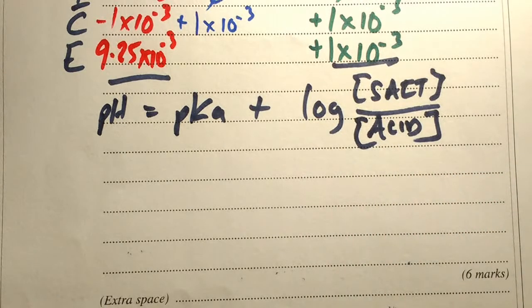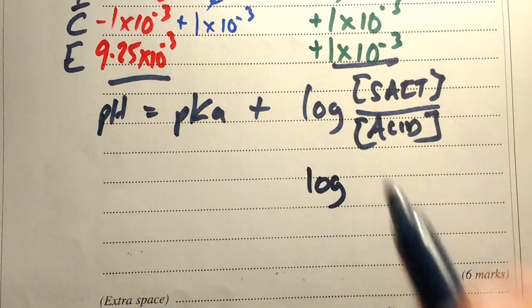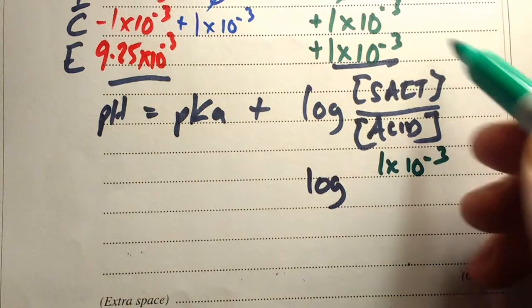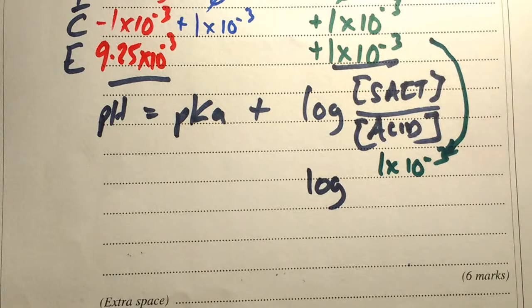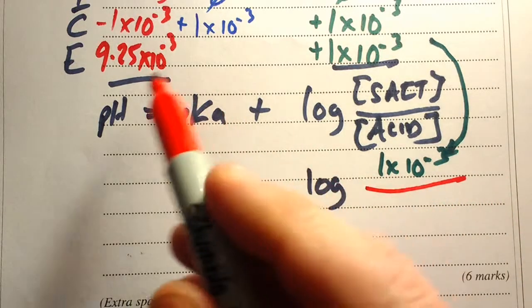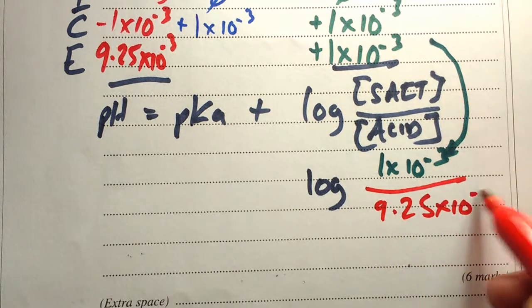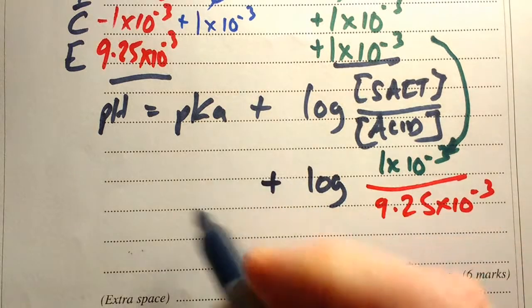So essentially what we're saying is that you get the log of our salt concentration, which was 1 times 10 to the minus 3, and we divide that by the acid concentration, which is 9.25 times 10 to the minus 3, and then you add that onto pKa.